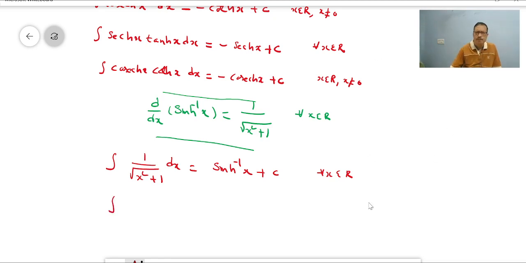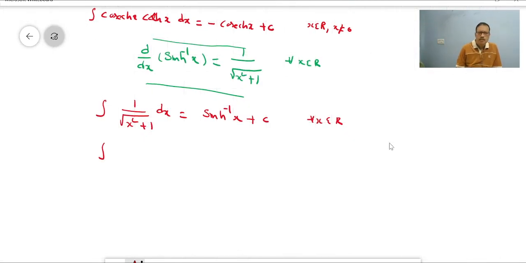The integral of 1 by root of x square minus 1 dx is equal to cos h inverse of x plus c.